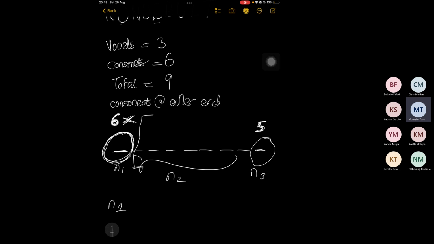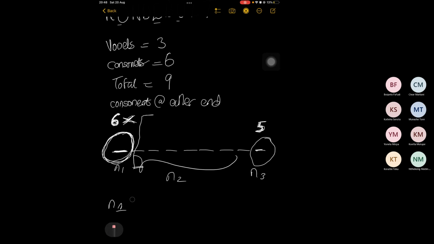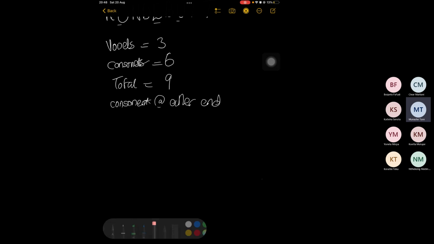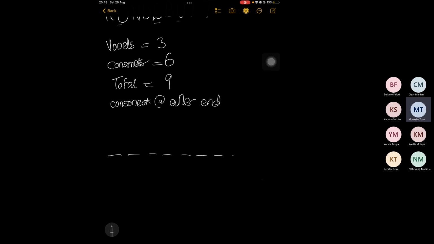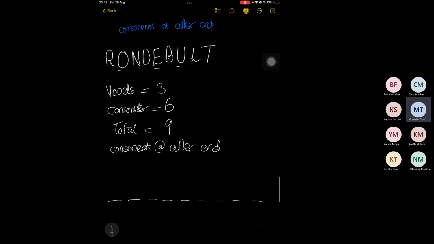Oh wait, I understand the question now. It makes sense. So we have 9 positions, and we are assuming there is no repetition.